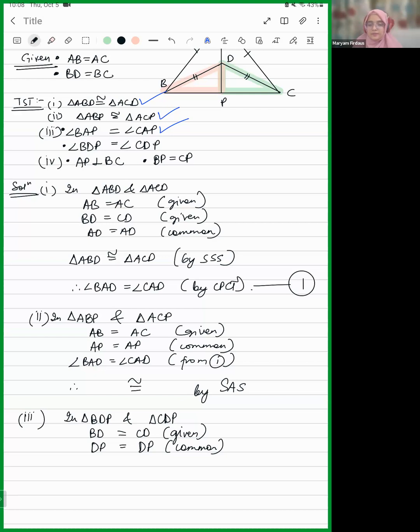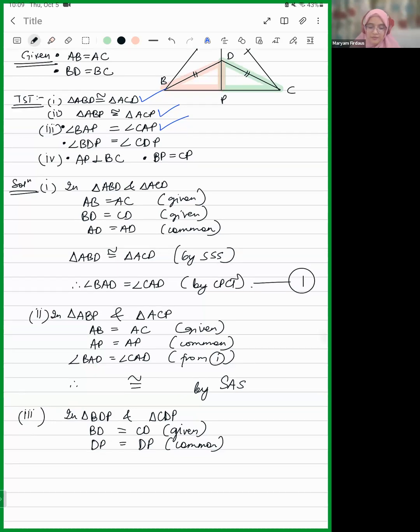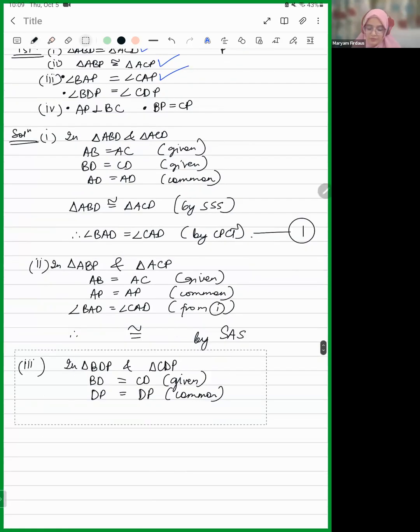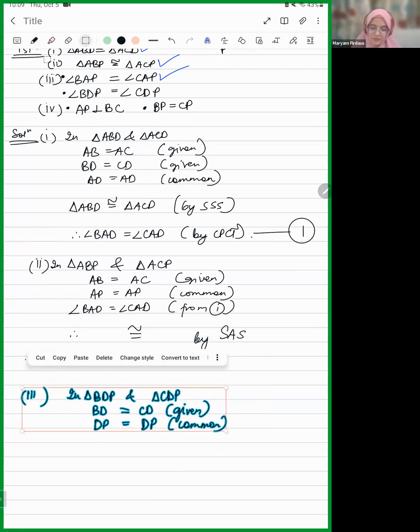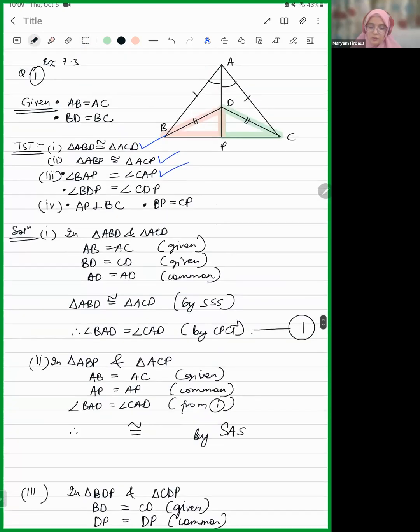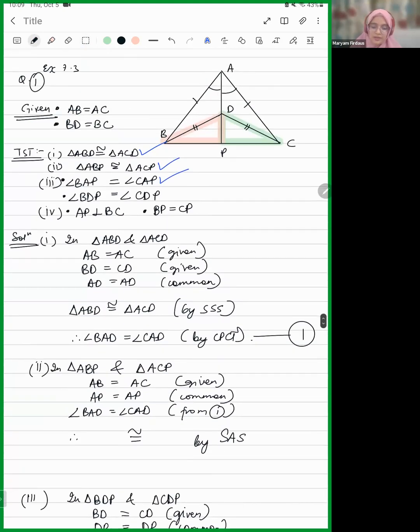No, we have to show that. But one second, we can make use of this. In the previous question, we showed that these two triangles, let me show which two, this triangle is congruent to this triangle. We showed that in the previous part. So that means by CPCT, BP becomes equal to CP.